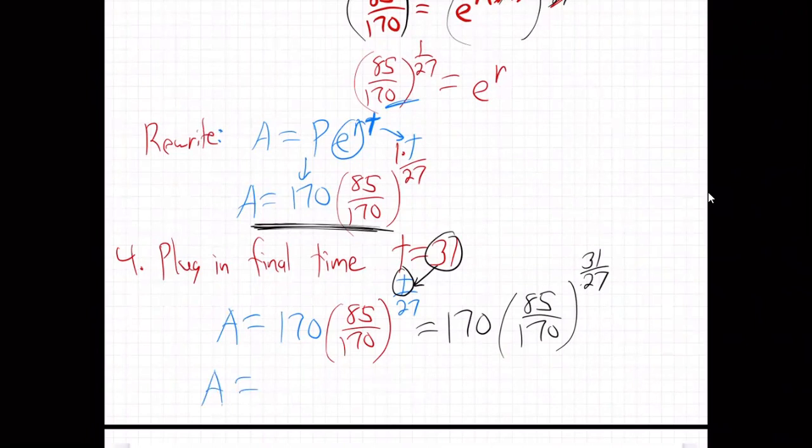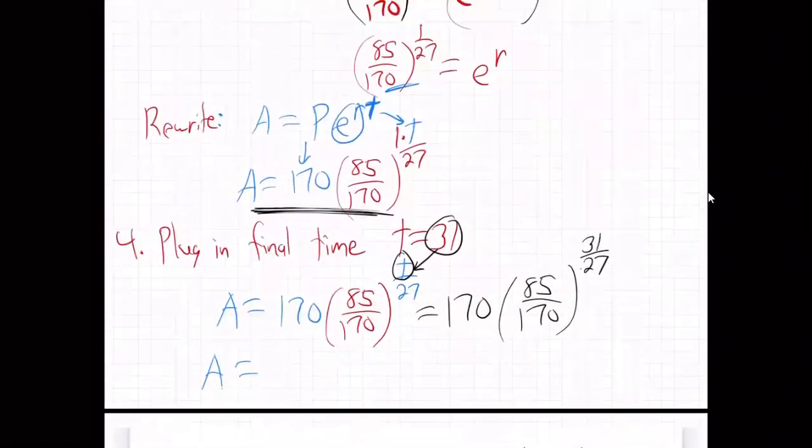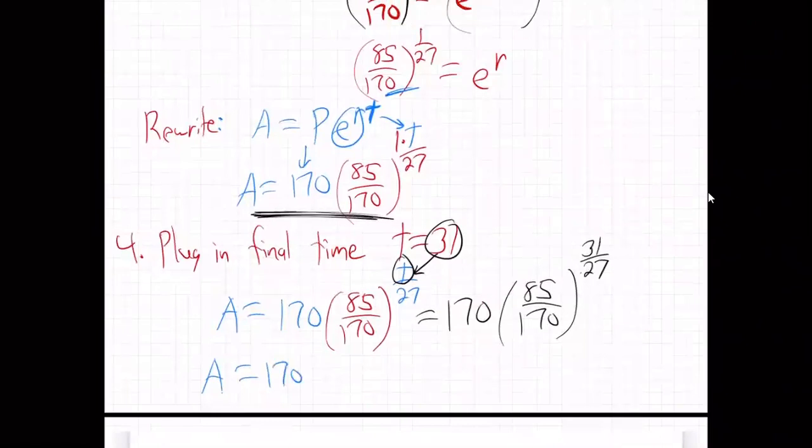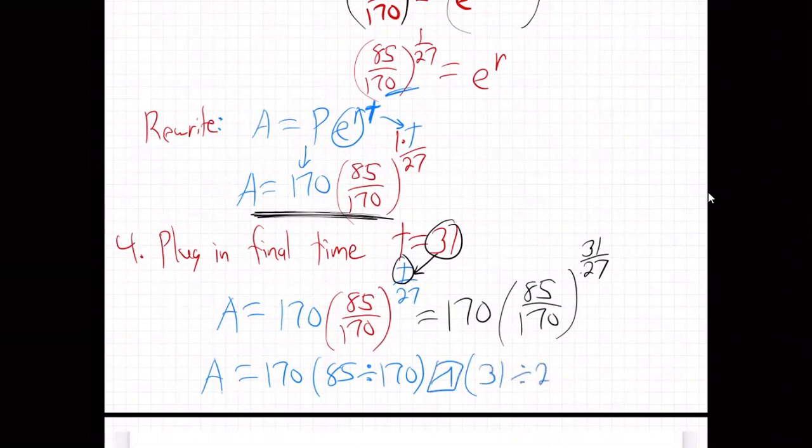You're going to need to put parentheses around that stuff, right? You need to go 170 times parenthesis 85 divided by 170, close parenthesis, to the power, up arrow or whatever your power button is, parenthesis 31 divided by 27, close parenthesis, equal sign or enter or whatever is on your calculator.